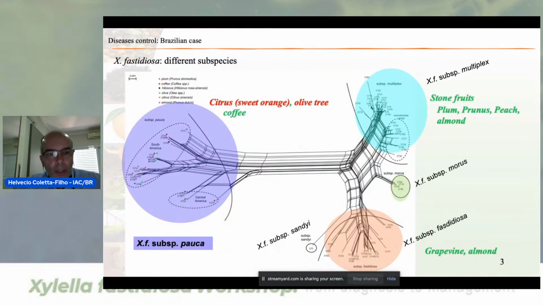Okay, just a brief idea about the different subspecies that you can find in Xylella. You have the subspecies pauca that is important for some Brazilian crops, and also you have the multiplex present here in Brazil that is causing problems in plum, and you have the subspecies fastidiosa that affects the grapevine and the almond, as Krugner talked about today.